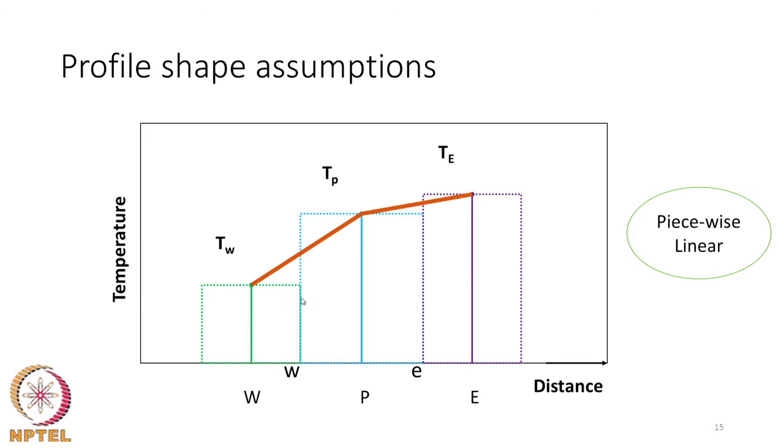We are not choosing that assumption because that would lead to a sudden jump in the temperature across the face of the control volume. What we are saying is that the temperature is assumed to be specified at the center of the control volume, and across two control volumes it varies in a piecewise linear form. So, when we want a temperature at intermediate locations, we can do linear interpolation, and we can get the temperatures at those locations.